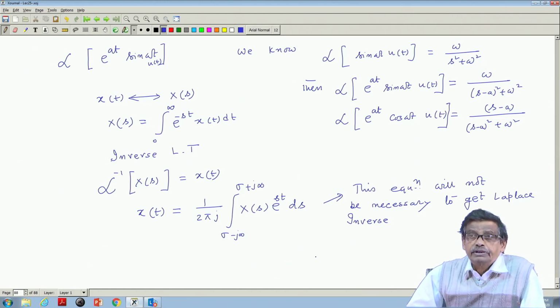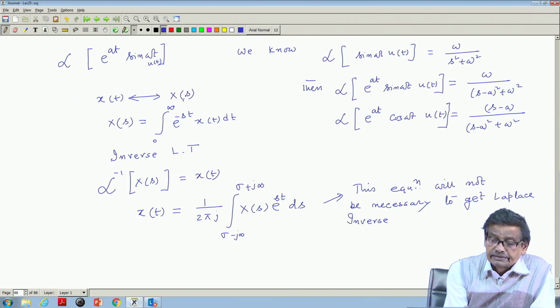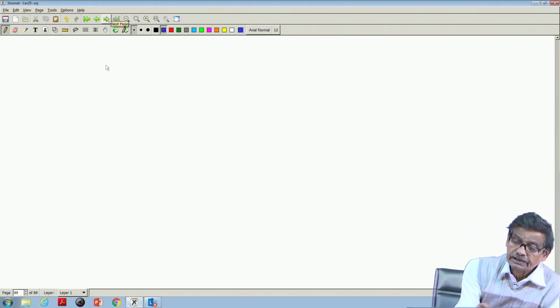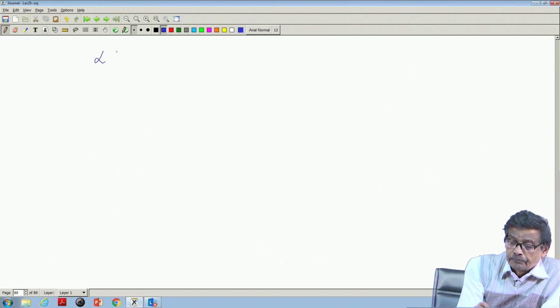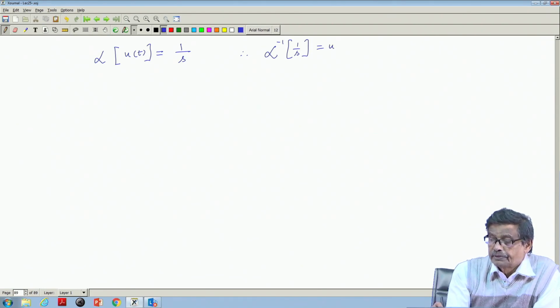Instead, what people do is this: for some standard functions x t and X s, for example, we have seen that the Laplace transform of the unit step is equal to 1 over s. This table I have to remember, this I have already evaluated. So, I will say Laplace inverse of 1 by s is equal to unit step.